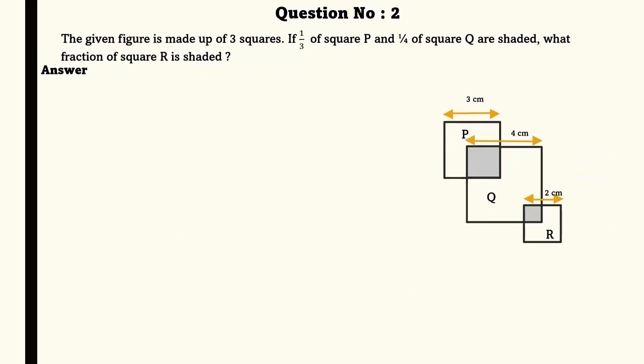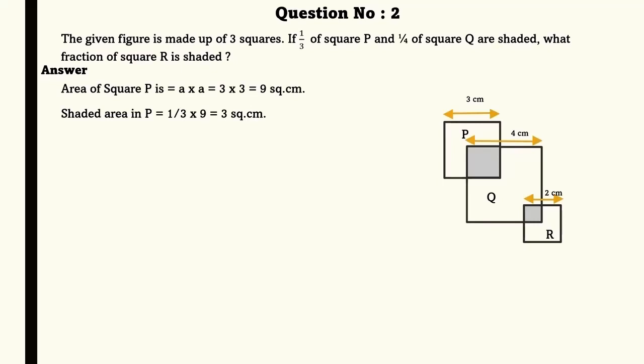The given figure is made up of 3 squares. If 1 by 3 of square P and 1 by 4 of square Q are shaded, what fraction of square R is shaded? As you can see in the given picture, the side of square P is 3. So, area of square P is equal to 3 into 3, that is 9 square centimeter.